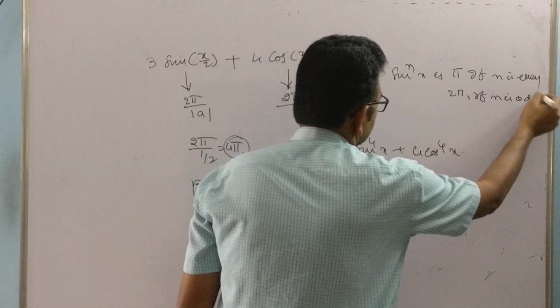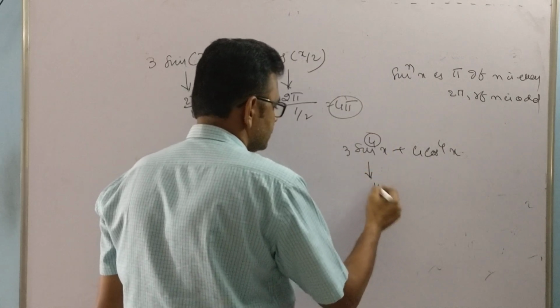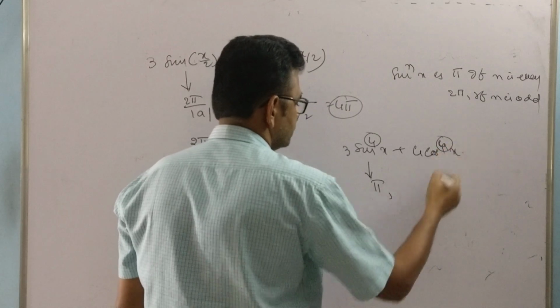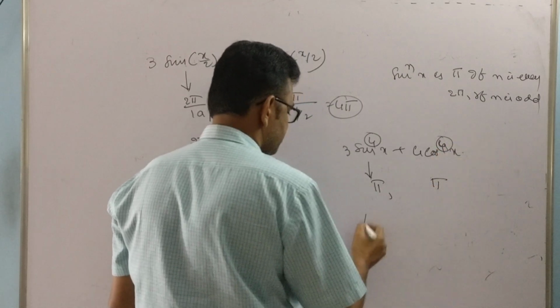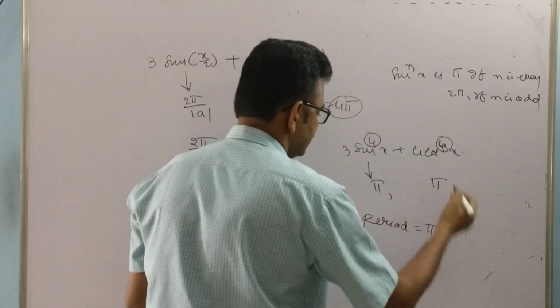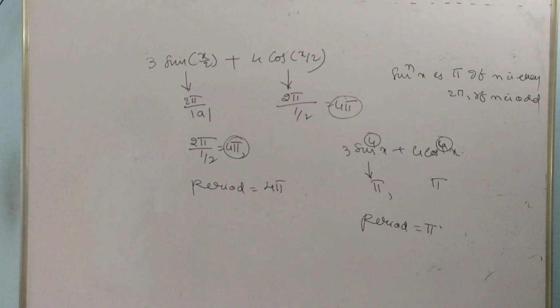What about n here? Even, it is 4. So the period is pi. Therefore the period of the given function is the LCM of pi and pi, which is pi.